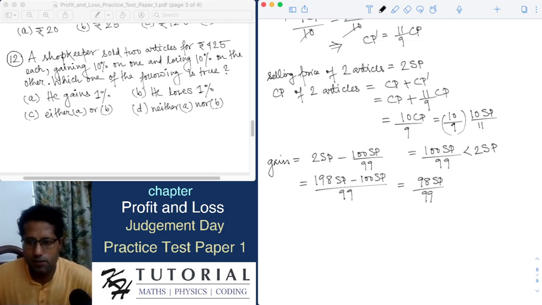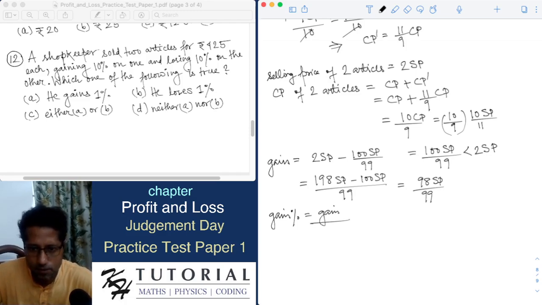Now gain percent, we have to find gain percent, which is equal to gain divided by CP, that is the CP of two articles, multiplied by 100.